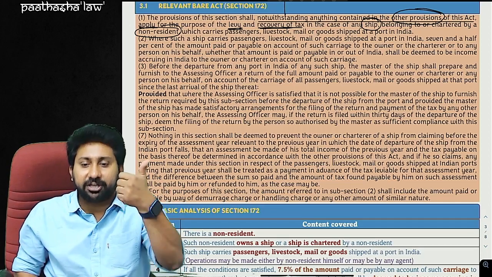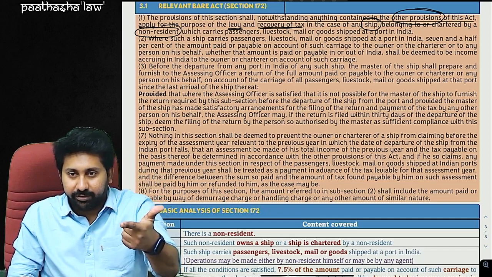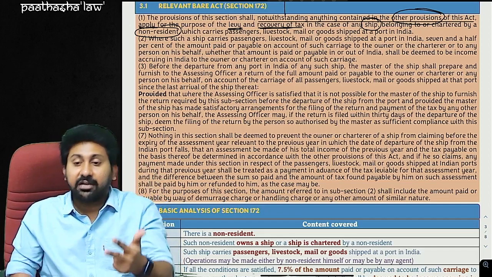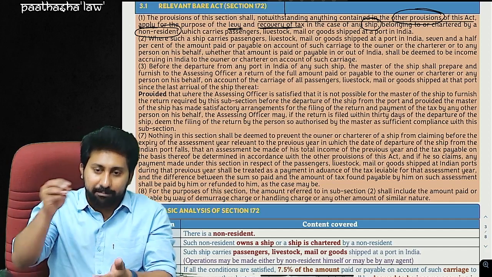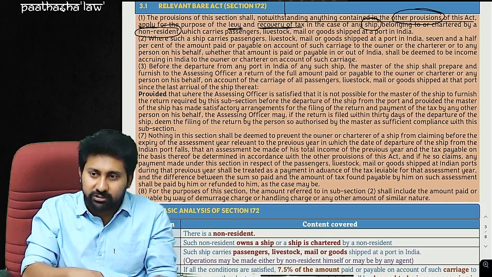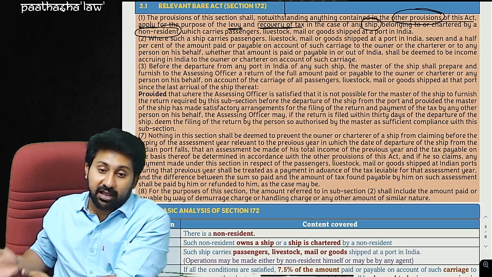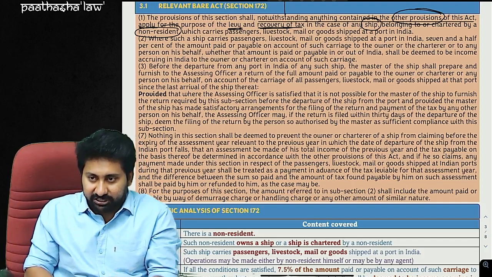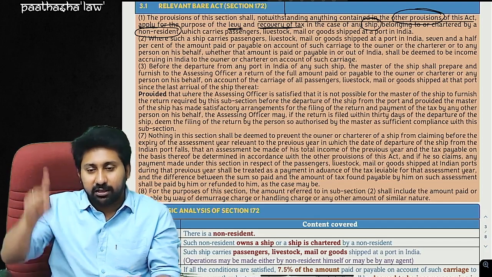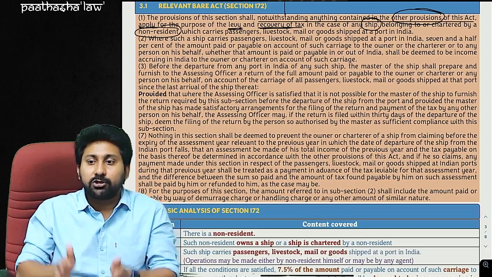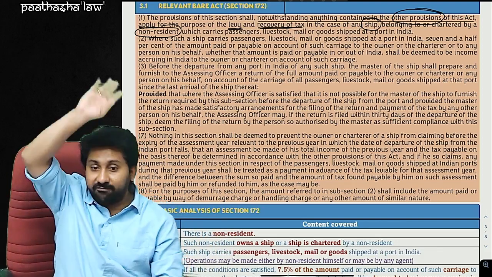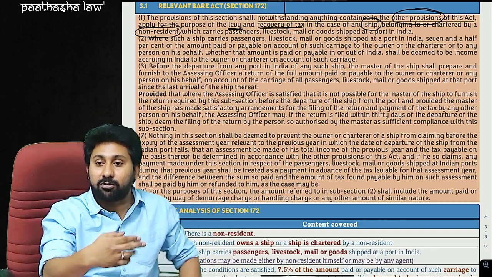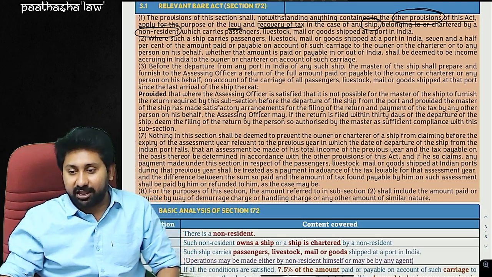He should own a ship or charter a ship. Third, that ship should carry passengers or livestock or mail, post, etc. goods shipped at a port in India. Those passengers, livestock, mail or goods should be shipped at a port in India. It should not just pass through India. Origin should be in India.